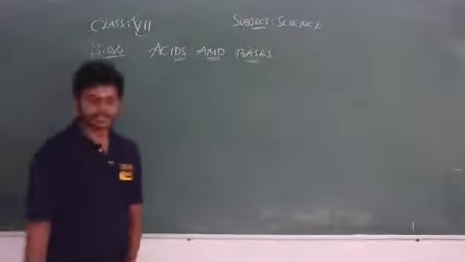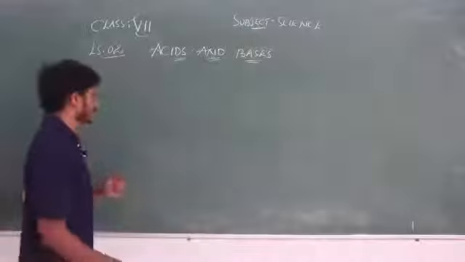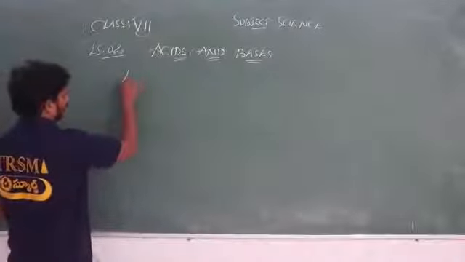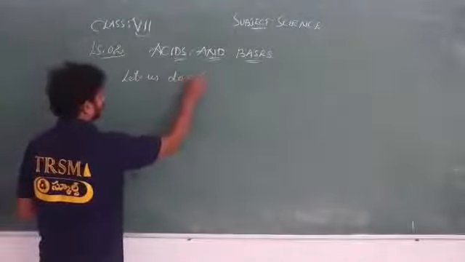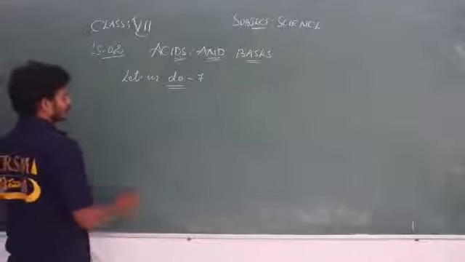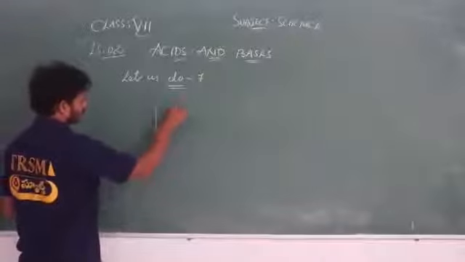Let's see this. I think we have discussed, but let's discuss once again. This is according to let us do 7 in your textbook. In this activity we need to take 2 test tubes.